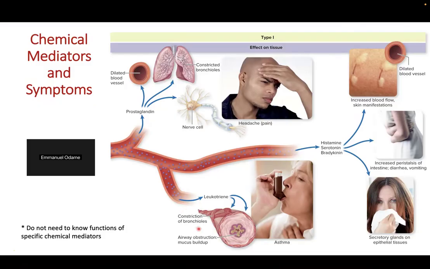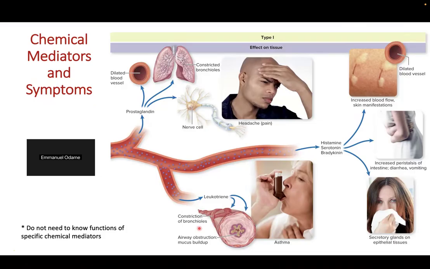Secondly, they can also result in constriction of your bronchioles, where we see people having difficulties in breathing, which we term asthma. Some people just get an allergic reaction and get recurrent asthma, and that's basically what happens.